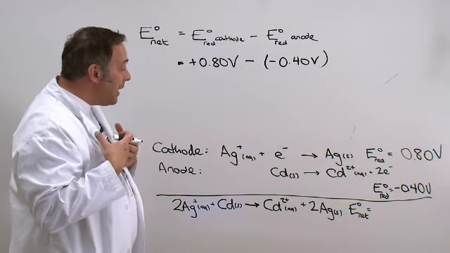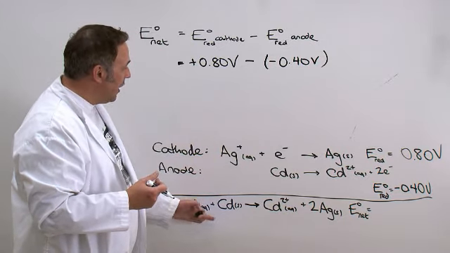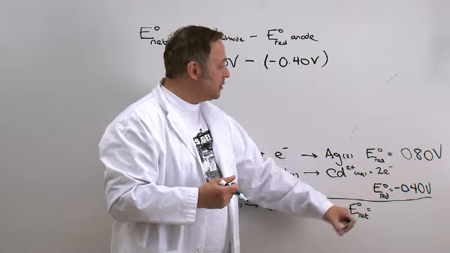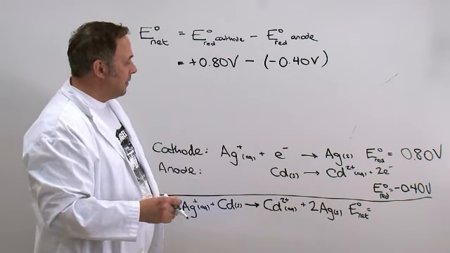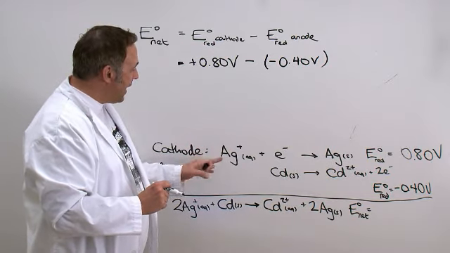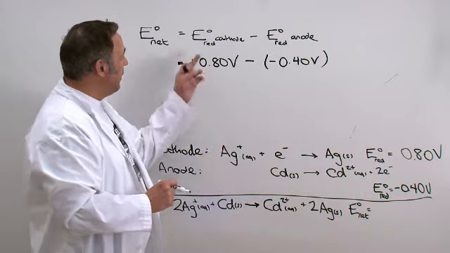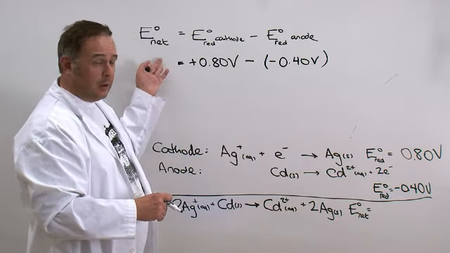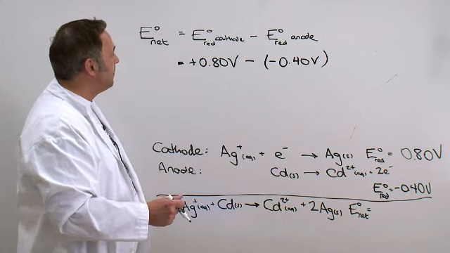I mean, the answer comes out to be the same. It just makes sense to me, when you're adding up the two equations, to add up the half cell potentials. But the book does it in two distinct processes: add them up to get your net equation, and then subtract the anode from the cathode to get your E cell or your E net.